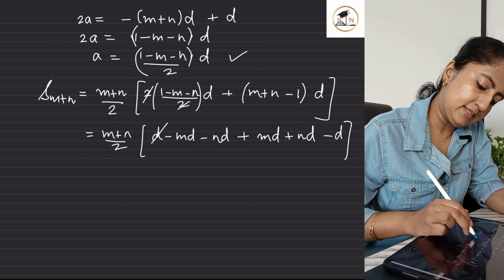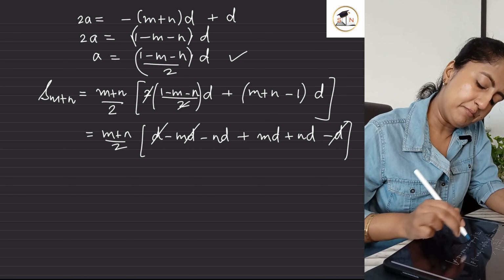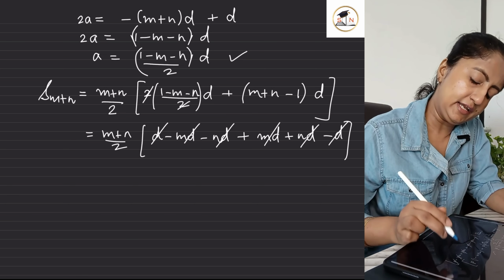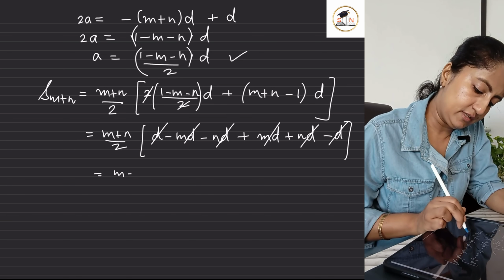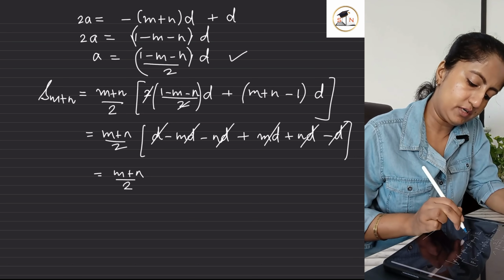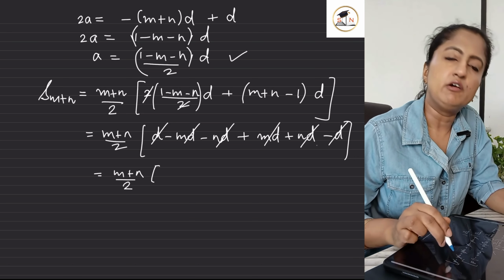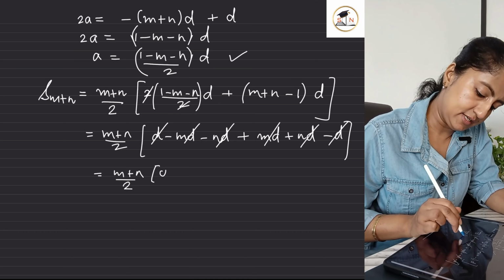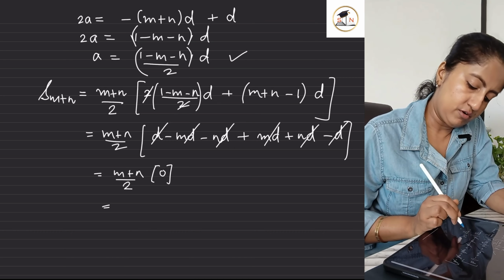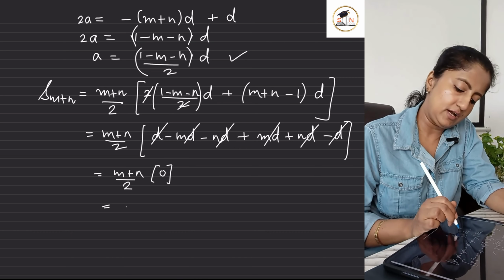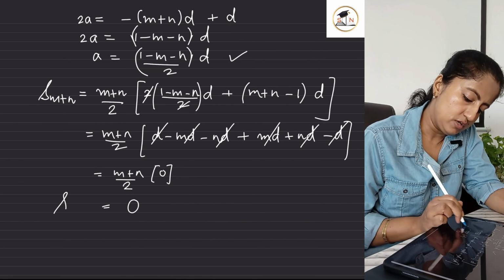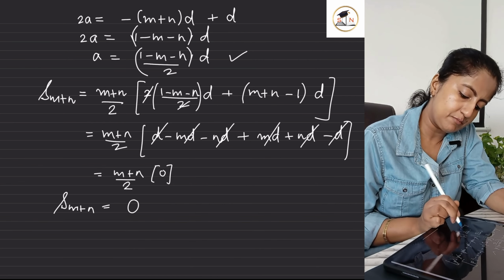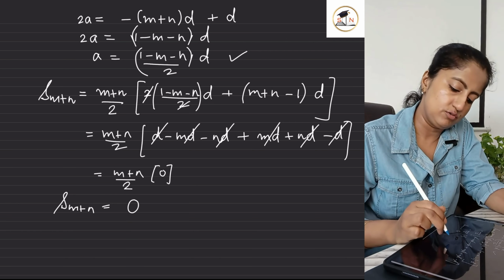Now we can see this d and d got cancelled, md getting cancelled, nd getting cancelled. So we are left with m plus n over 2, and in the bracket, everything got cancelled. That means it is 0. Therefore, when we multiply anything with 0, we are left with nothing but 0. So we have just shown that sum of m plus n terms is 0.